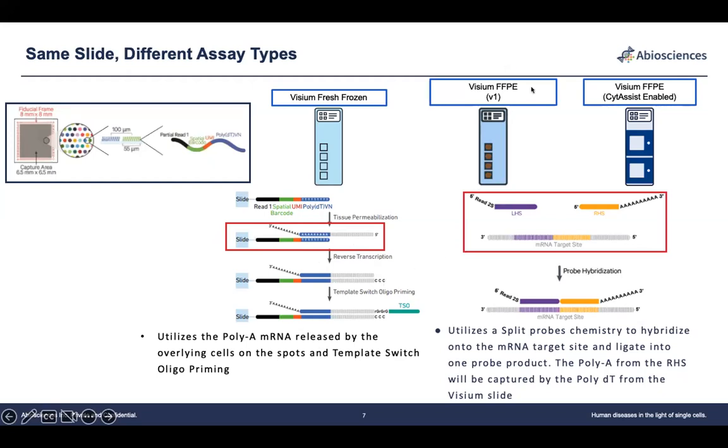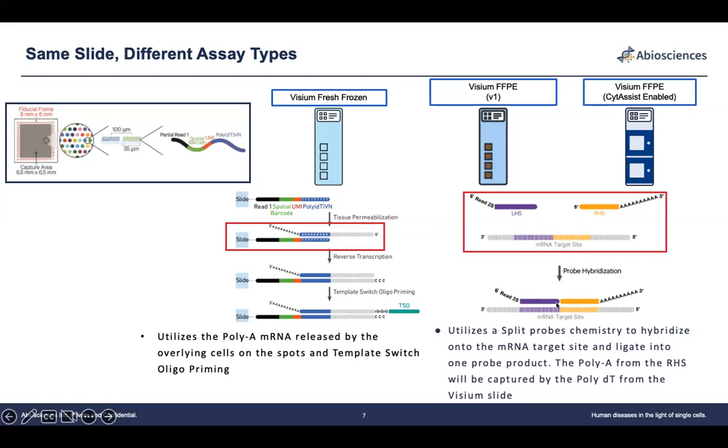With Visium FFPE, for both V1 and the CytAssist-enabled chemistry, they are using what they call the split probe chemistry. There's a left-hand side probe and a right-hand side probe that are hybridized to the target and then ligated. I'm sorry, it's hybridized to the target first and then ligated.